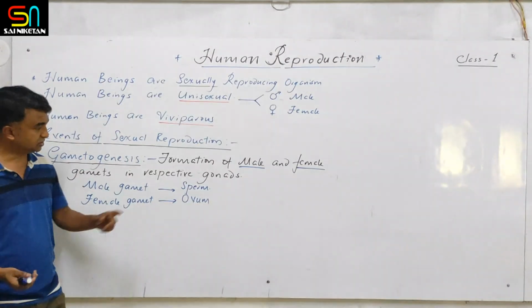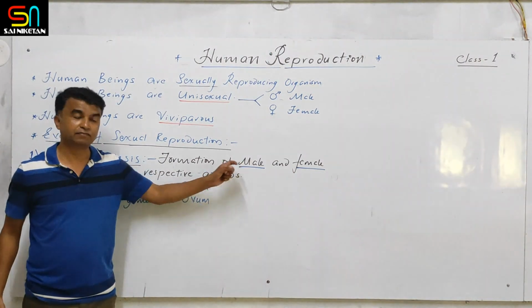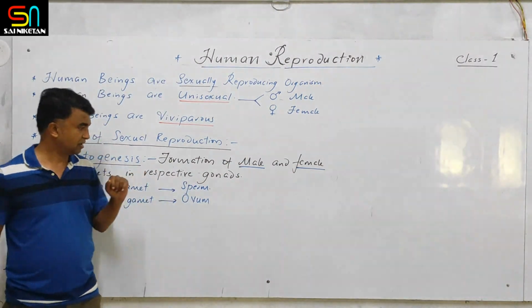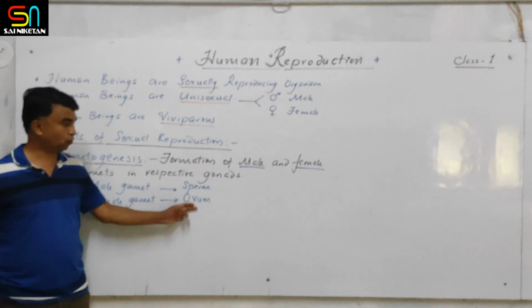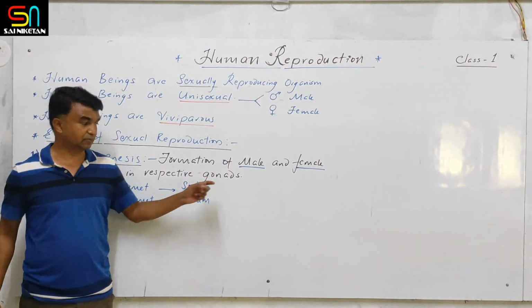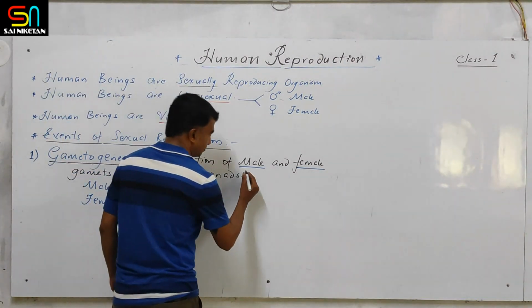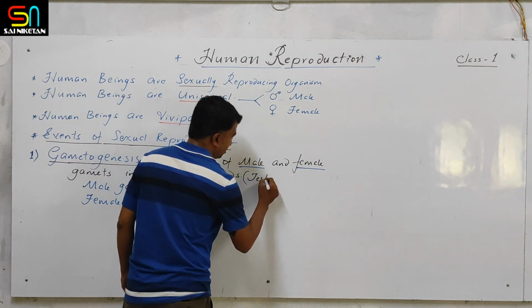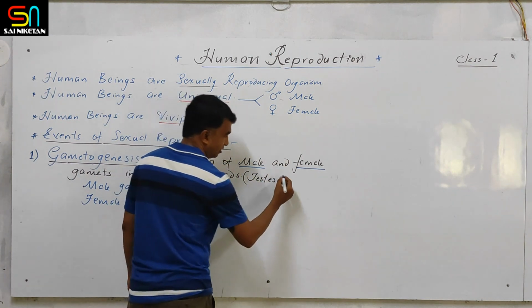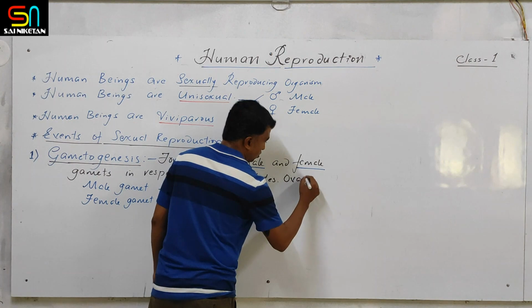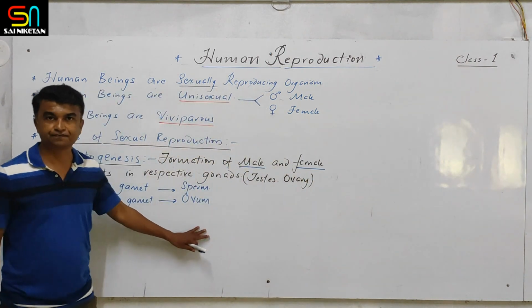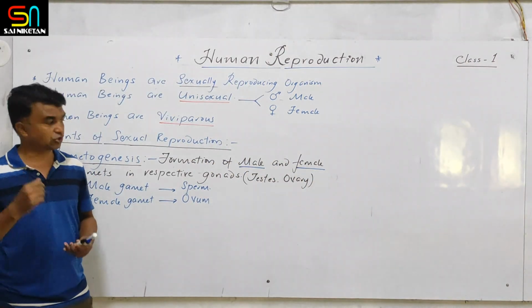So gametogenesis means formation of the haploid male gamete, that is a sperm, and the haploid female gamete, that is an ovum, in the respective gonads. These gonads are the testis in males and the ovary in females.